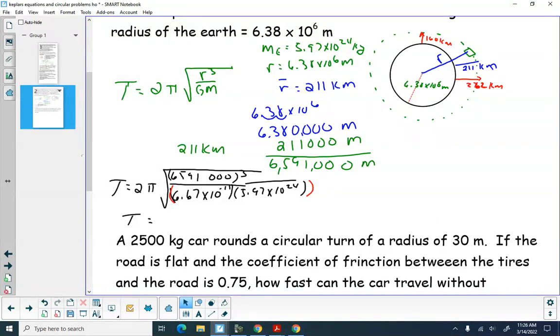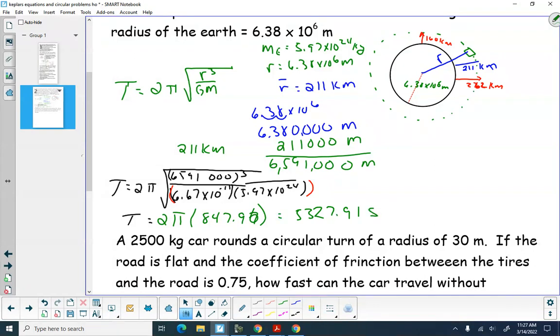I forgot to cube that. 5327.9, maybe. Yes.